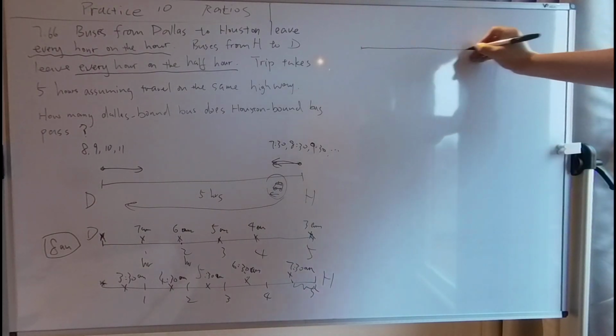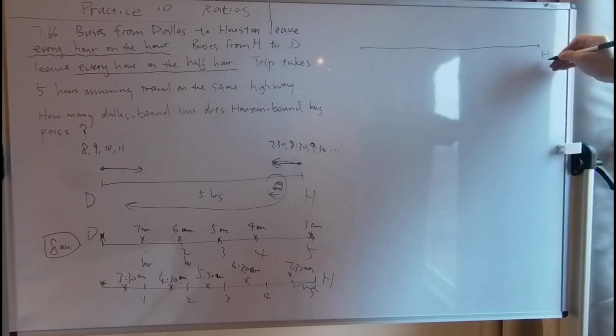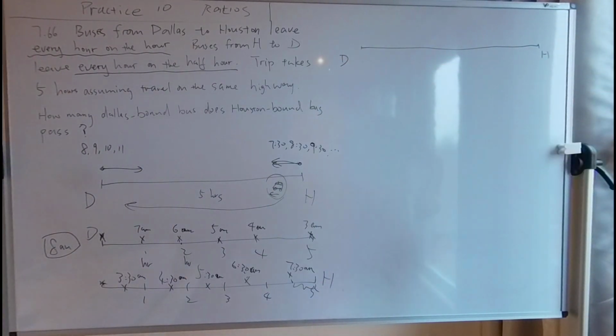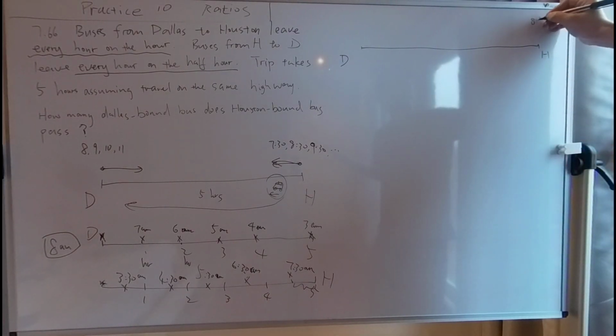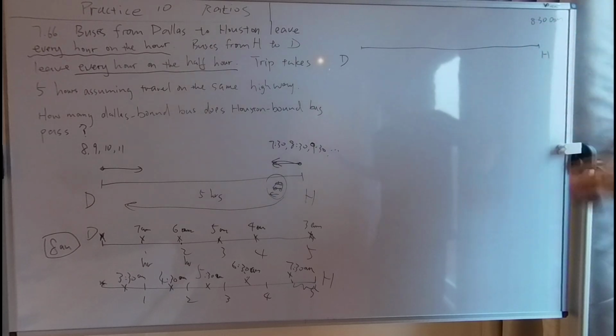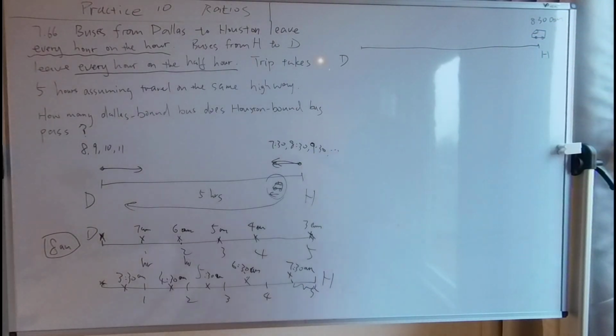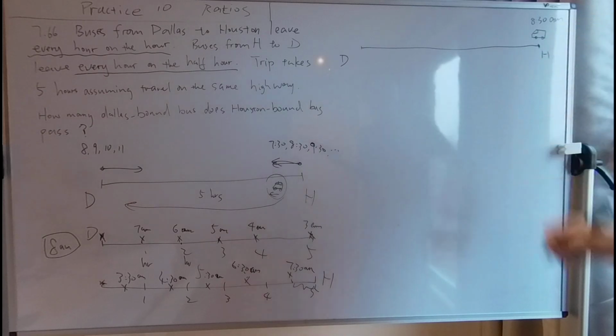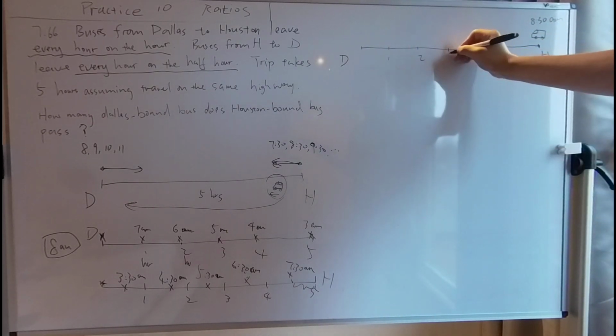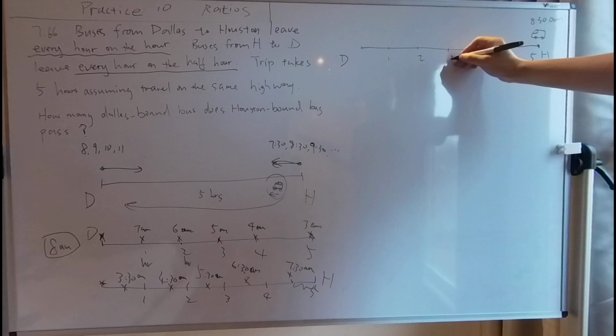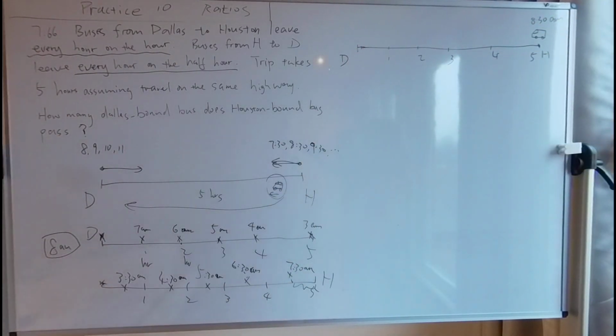Now, because the Houston bound bus departs at the half hour, let me assume that at 8:30, you can assume any bus. Here, I would use the 8:30 bus as the benchmark. Okay, so at 8:30, I'm having a bus prepared to go.